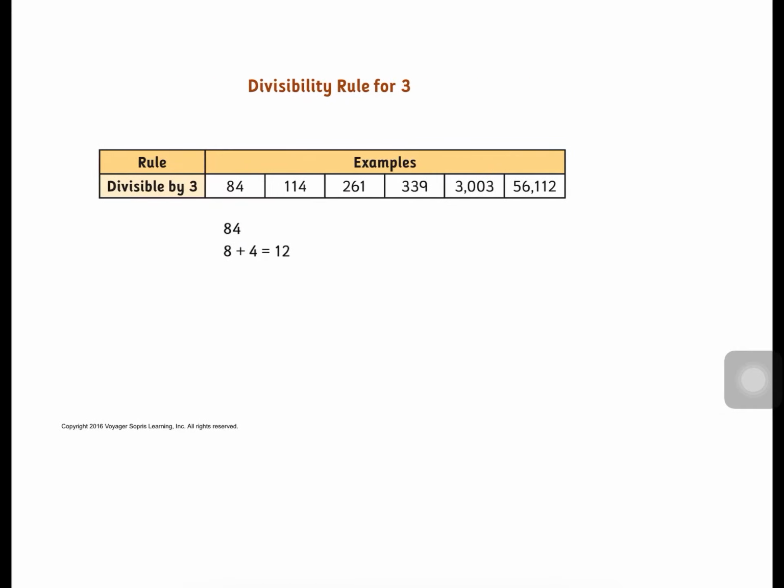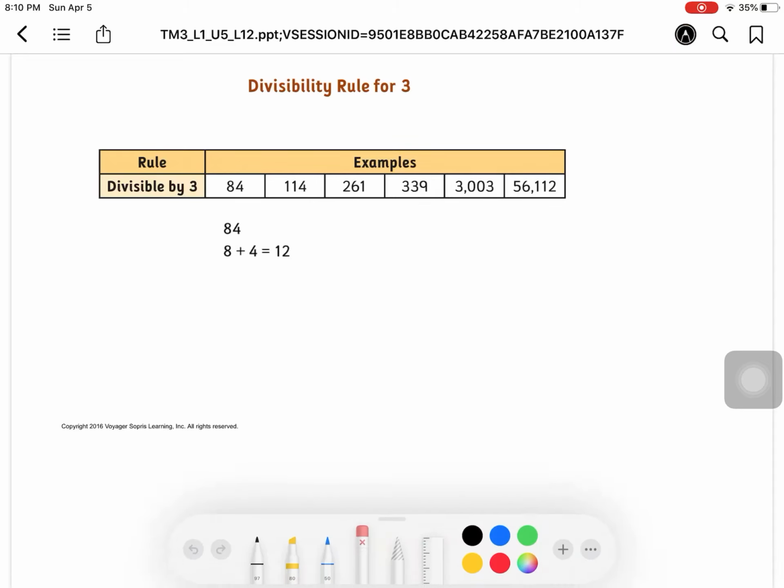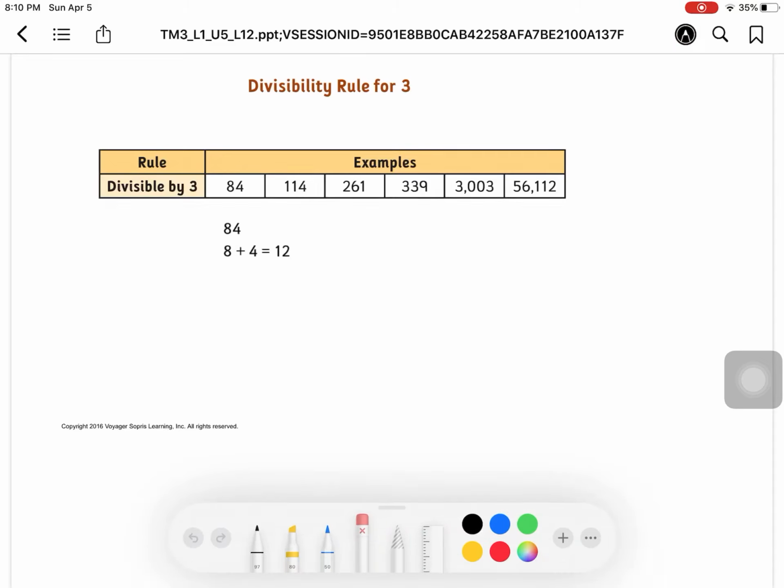So here's my number 84. I'm going to take the number 8 and add it to 4, and my sum is 12. Now in my head, I want to think, is 12 divisible by 3?